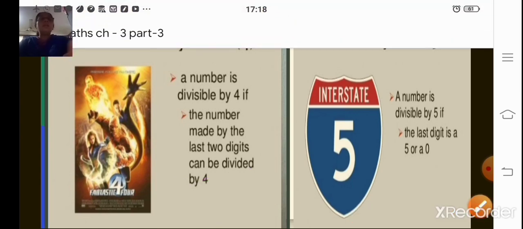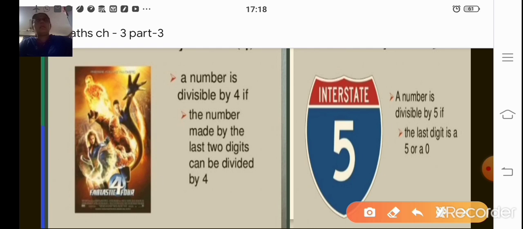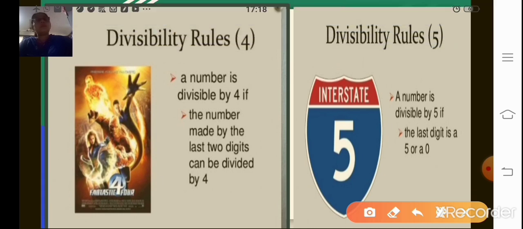Now when is a number divisible by 5? A number is divisible by 5 if the last digit is 5 or 0. Take the same number, 93,700. Here the number in the ones place is 0.